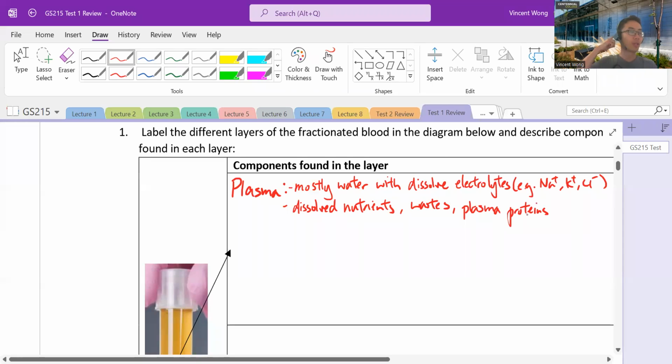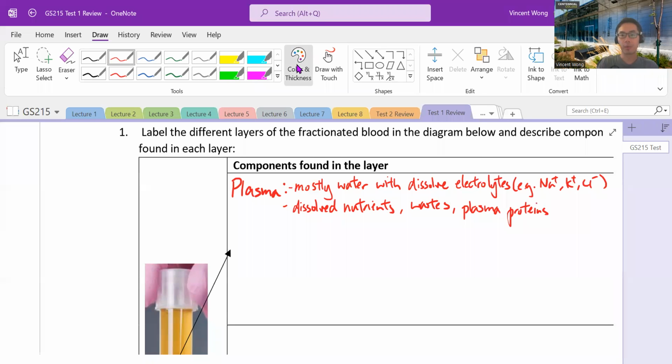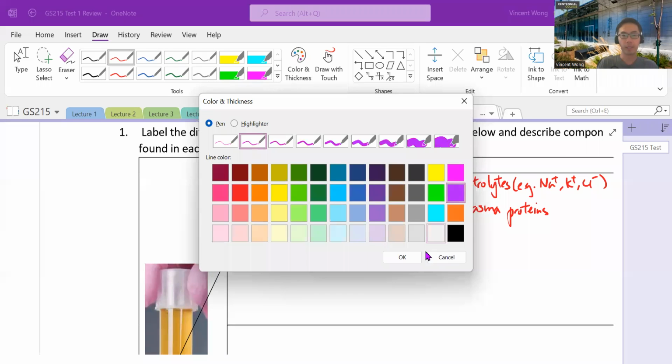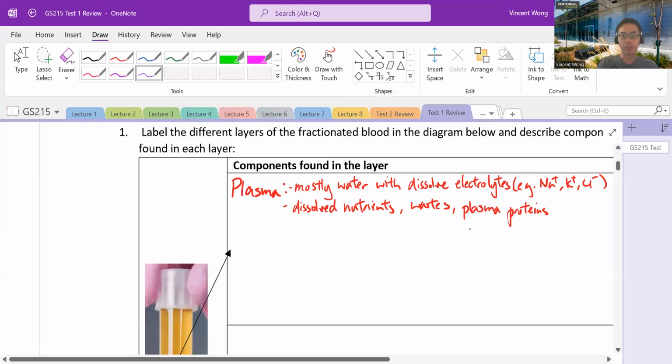So now that we have learned quite a bit about plasma proteins in various units, various lessons, does anybody have any examples of plasma proteins that they would like to give me? What are some examples of plasma proteins? Anybody?